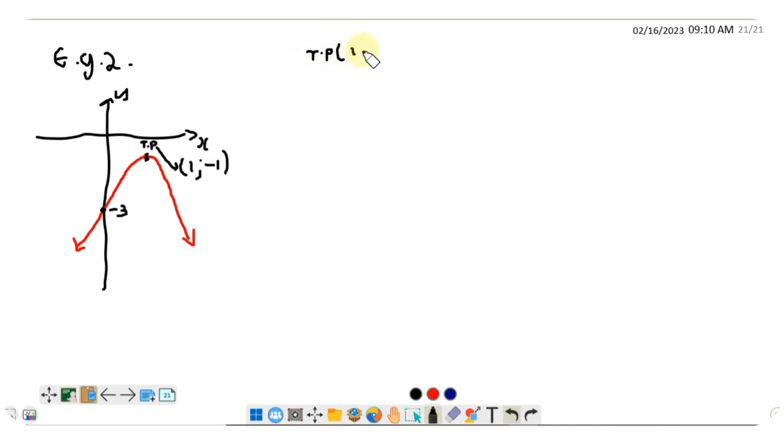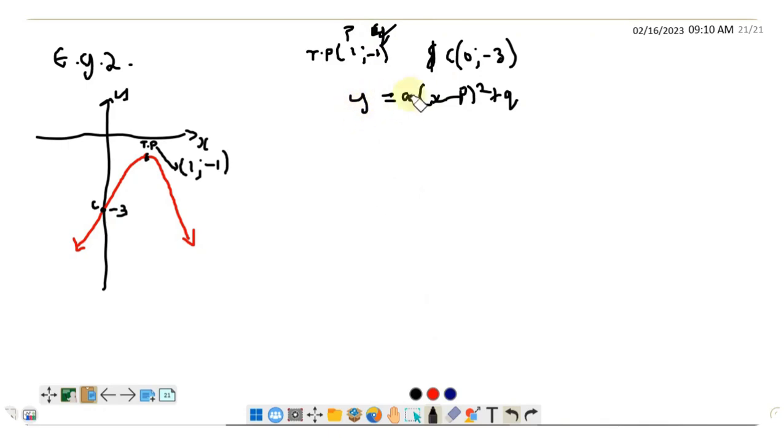So I'll write them nicely here. This is 1 and negative 1, and another point, let's call this one C, is 0 and negative 3. So we have y equals a into (x minus p) squared plus q, where p is 1 and q is negative 1.